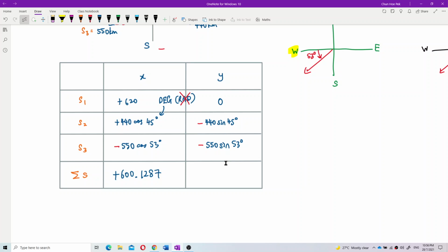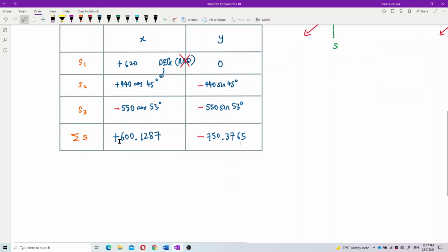For the y component, it is negative. Remember, the negative sign is very important, because this positive or negative sign is all about direction. Later I will show you the direction. I got negative 750.3765. That's our y component.